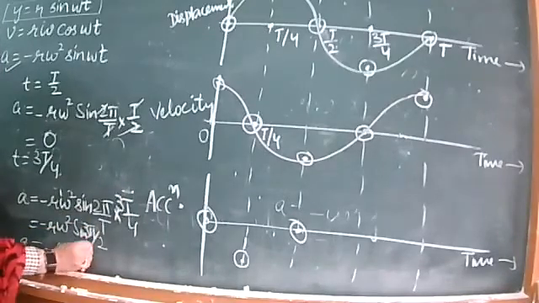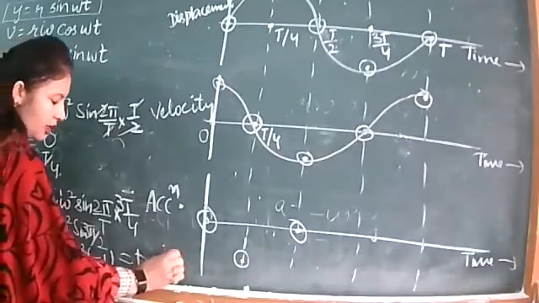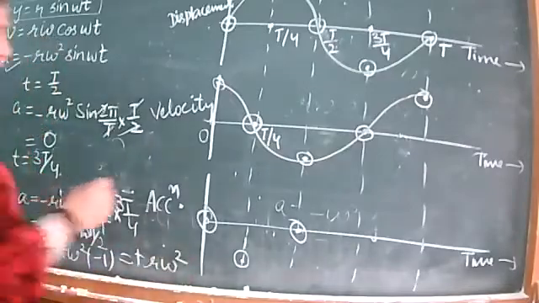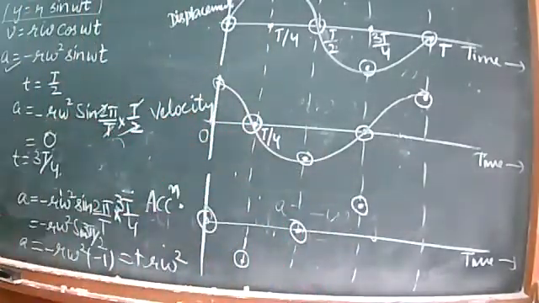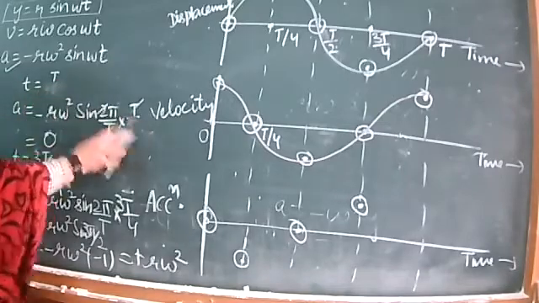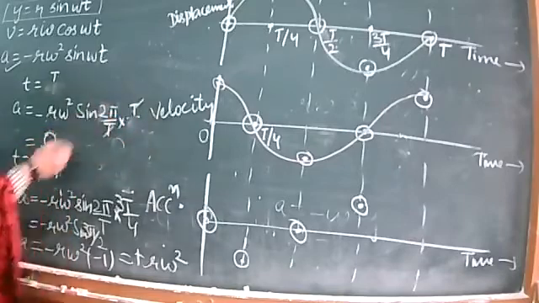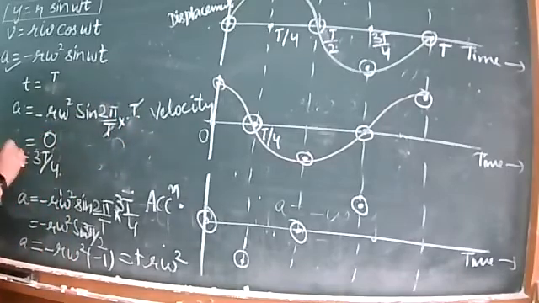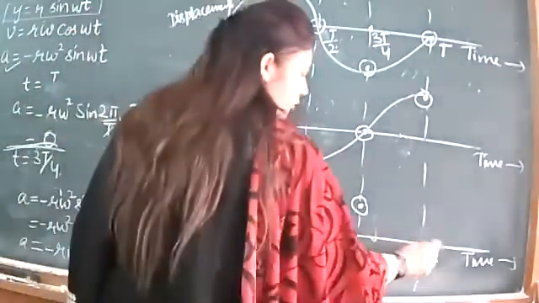Sine 3 pi by 2 is minus 1. So this becomes plus r omega square. So we mark a point in the positive direction. Then for last, put t equal to T. What do we get? Sine 2 pi, that is again 0. So again acceleration is 0 for the last point also.